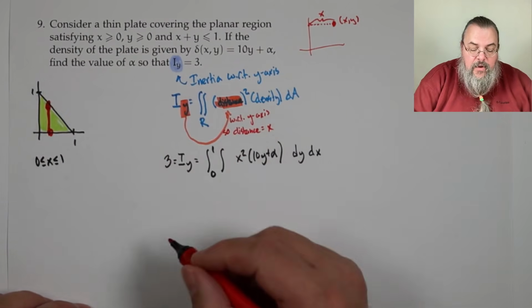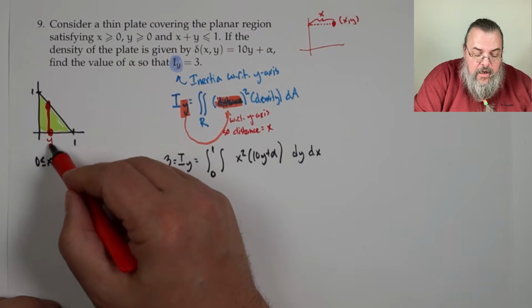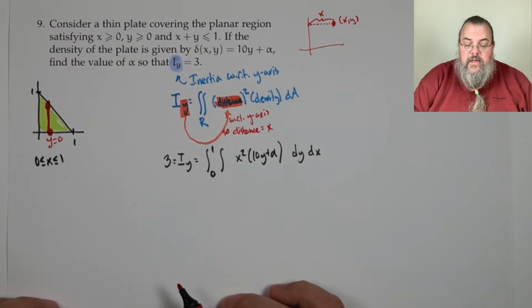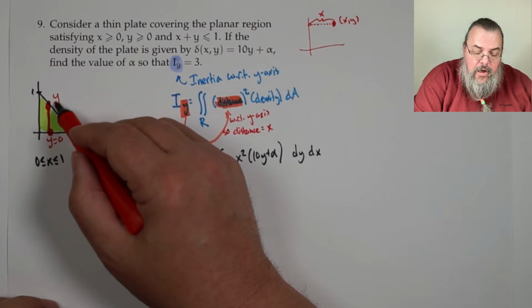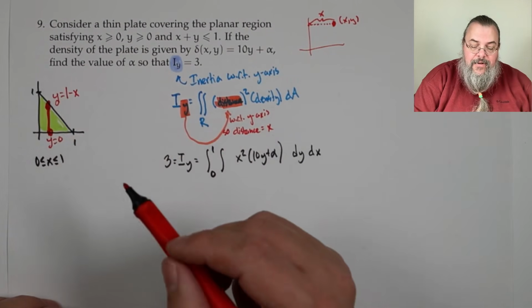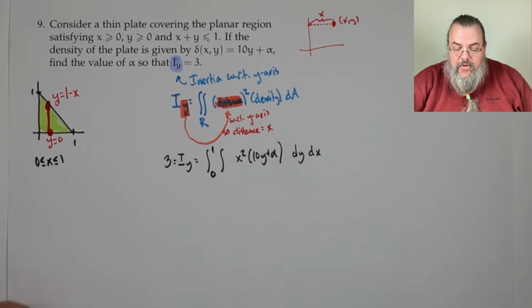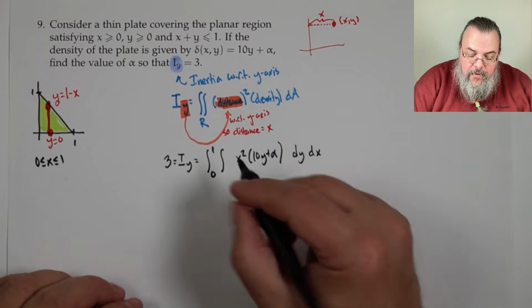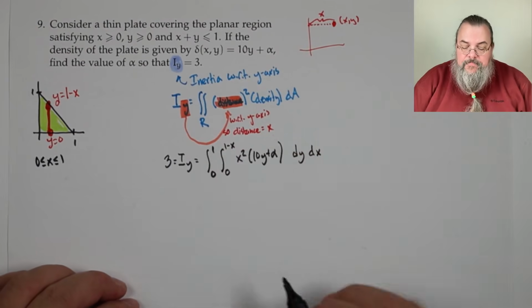The bottom part is the line y equals 0. The top part is the line y equals 1 minus x, with a y-intercept of 1 and slope of minus 1. So we're going to go from 0 up to 1 minus x.